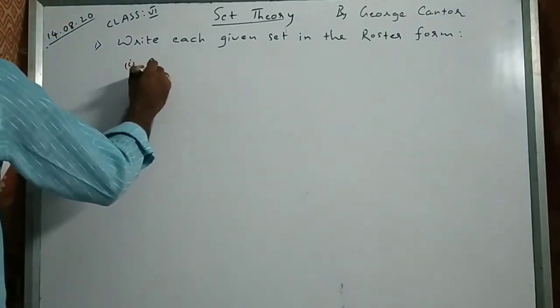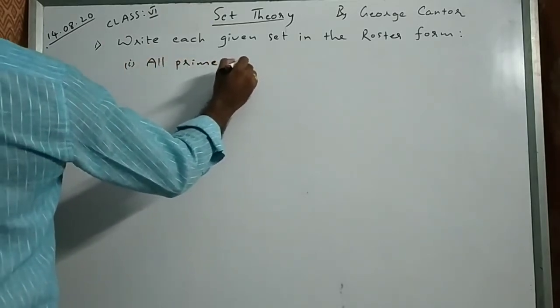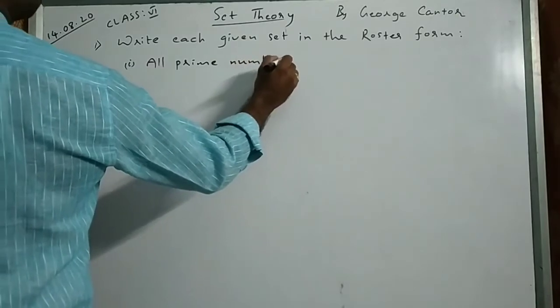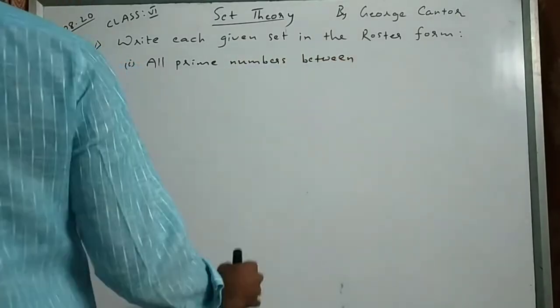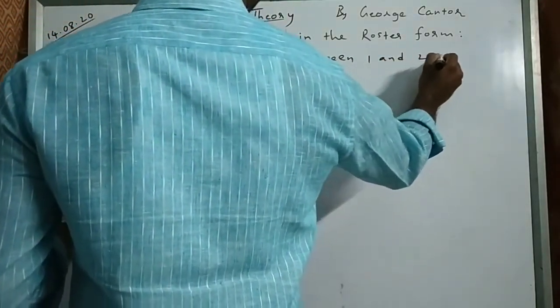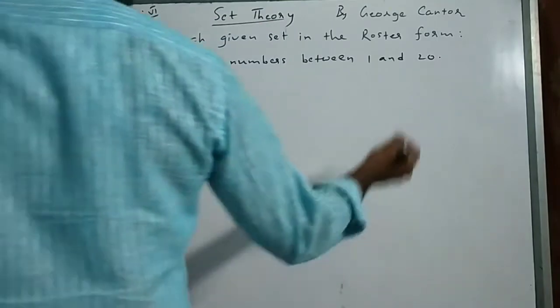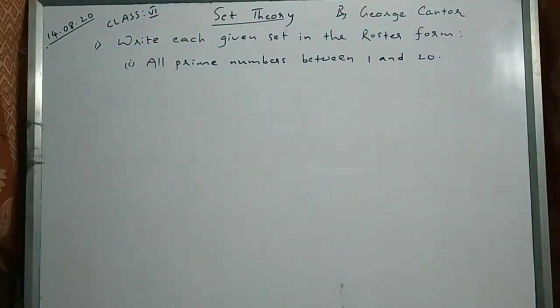All prime numbers between 1 and 20. This is called description form, right? This is called description form.